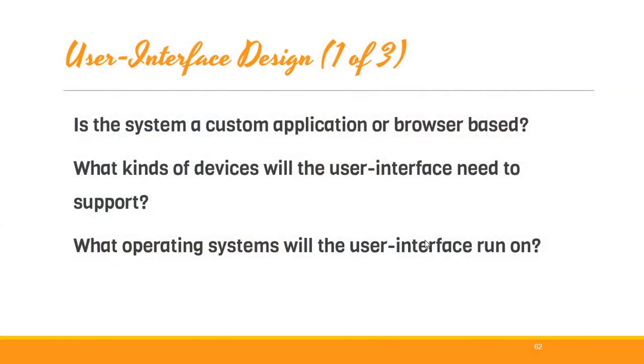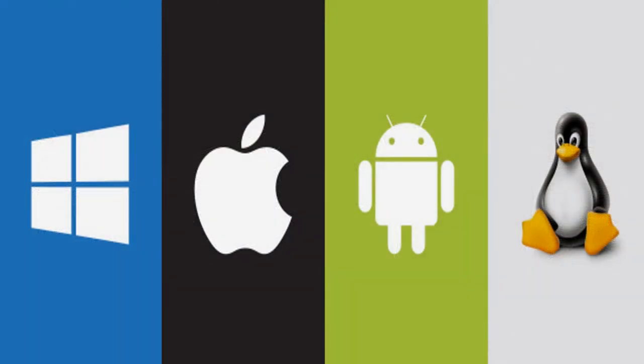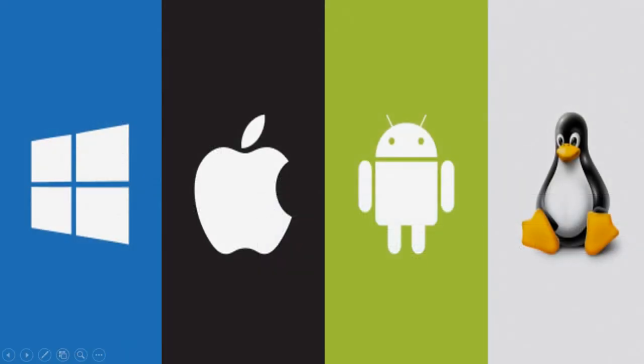The third major decision applies to the operating system platform. For desktop and laptop computers, the most common operating systems are Windows, Apple, and Unix, and derivatives such as Ubuntu.